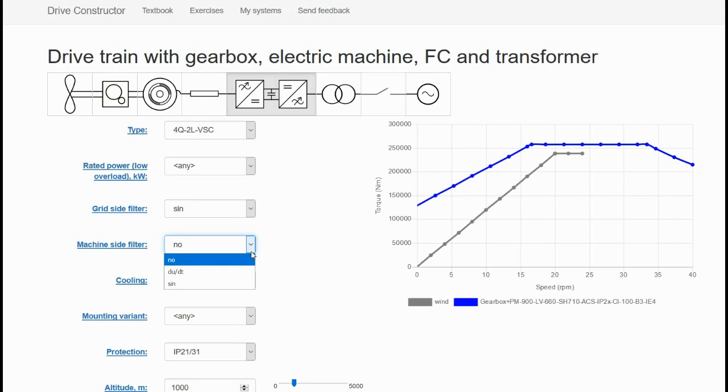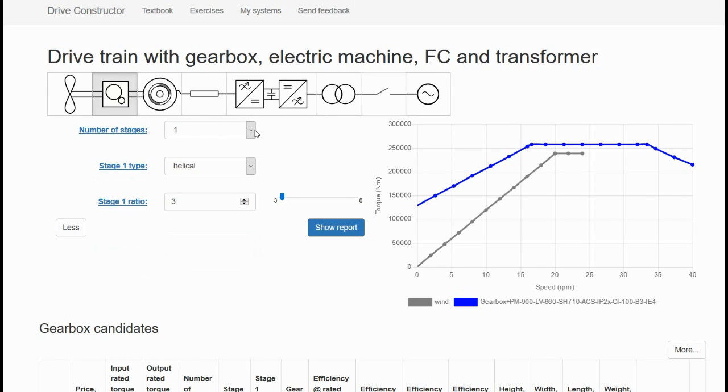So what else? Filters, of course, can be WT or sinus filter for the machine side, and on the grid side we always have sinus filter. So the choice of filter will depend on the cable length, as you know, and the voltage level. This you can check in the textbook.